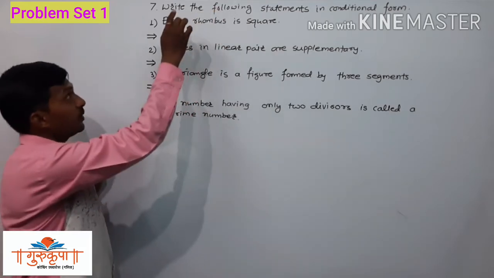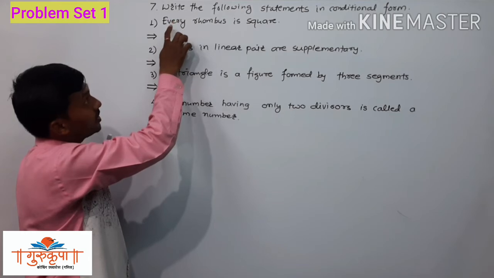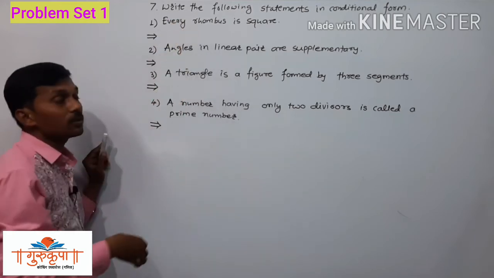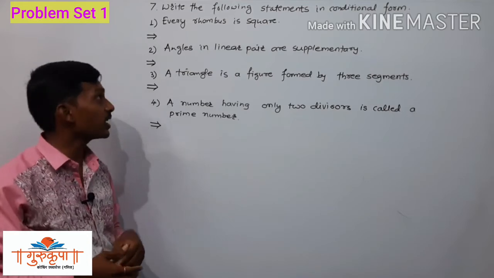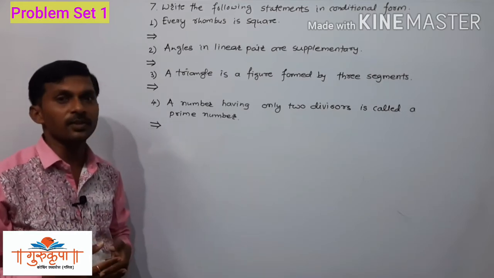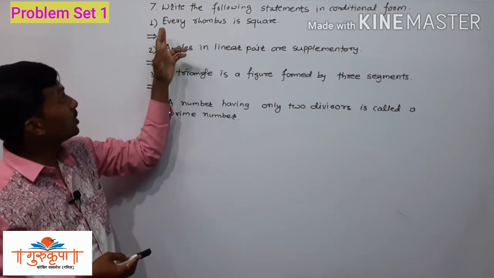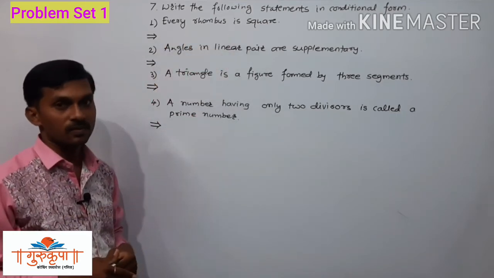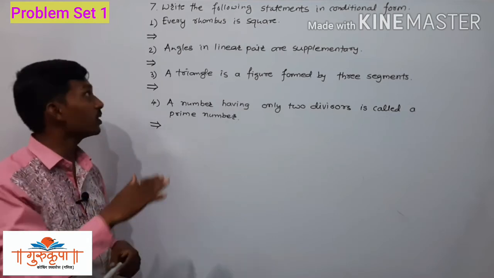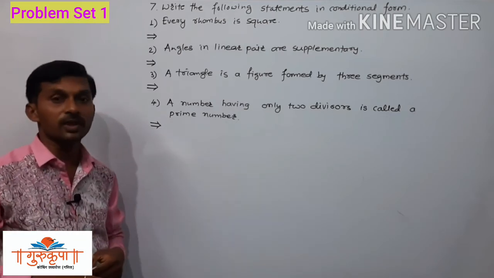Now here, if we get the meaning of this statement, every rhombus is a square, actually we will get that it is a false statement. How is it possible that every rhombus is a square? Square should be a rhombus, but every rhombus should not be a square.